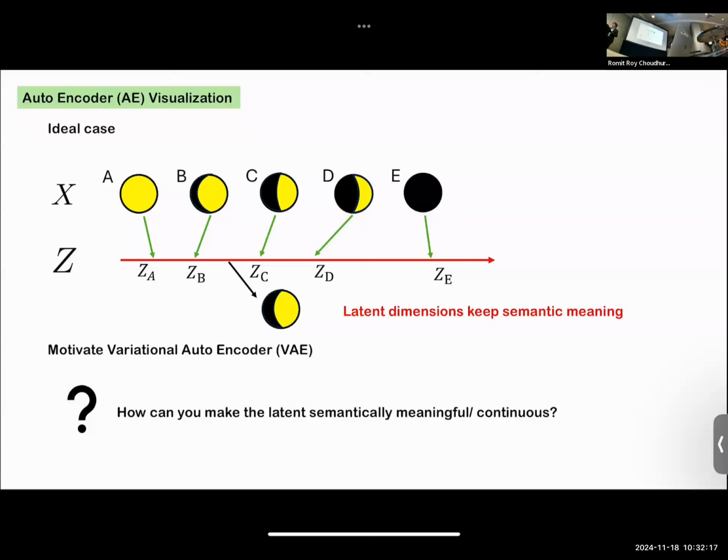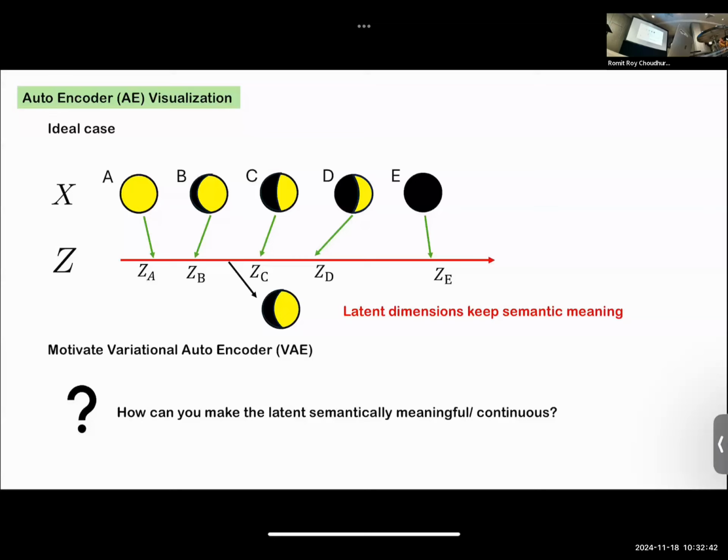One idea is, I take these two images and create a new image and put it in my dataset, maybe half of ZB plus ZC, divided by 2. That's called data augmentation. I create new images, but you can only do so much of that, because there are infinitely many possible images. You cannot create every possible image. Add noise.